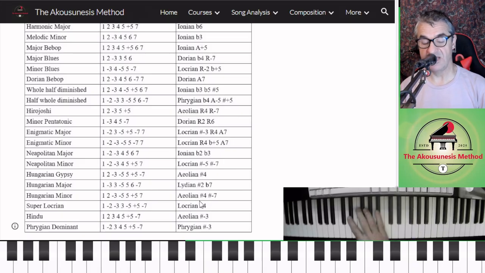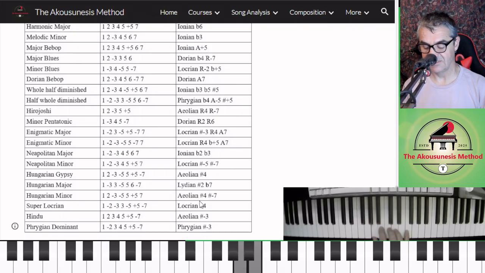Now the Aeolian Hungarian gypsy would take the 4th, there's the 4th, and we're just going to sharpen it. That is the same as this in a different key. So it's the same pattern, exactly the same in a different key.